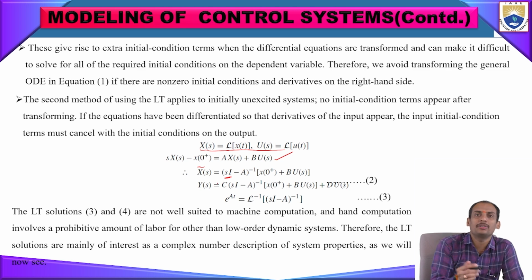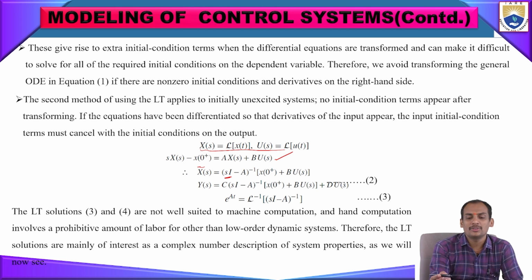If you form it into matrix form, the identity matrix I is given, so sI minus A will be in matrix form. Then y of s will be equal to C into (sI minus A) inverse into x0, plus the B term, plus D u of s.